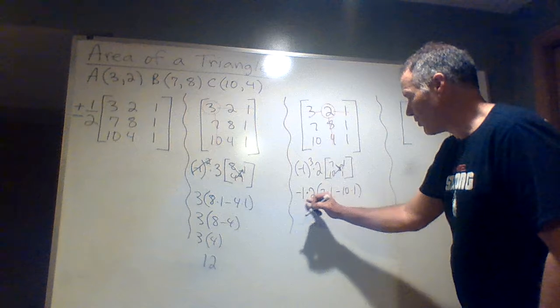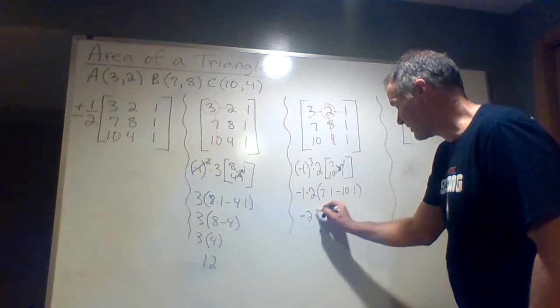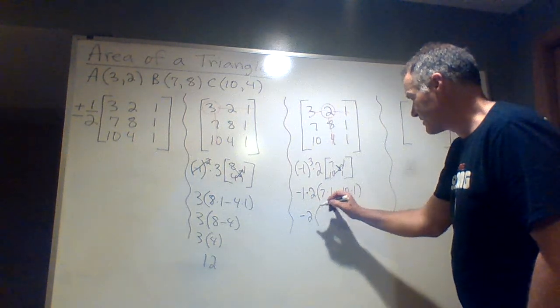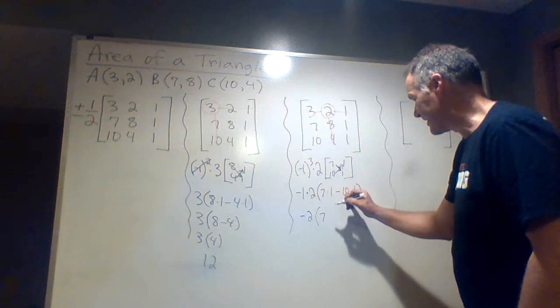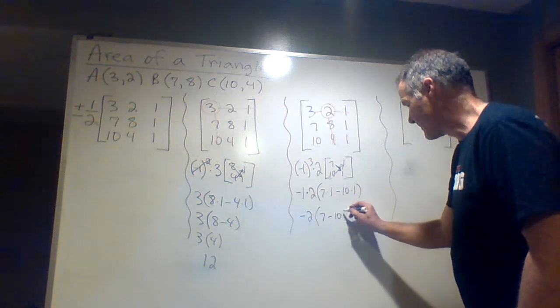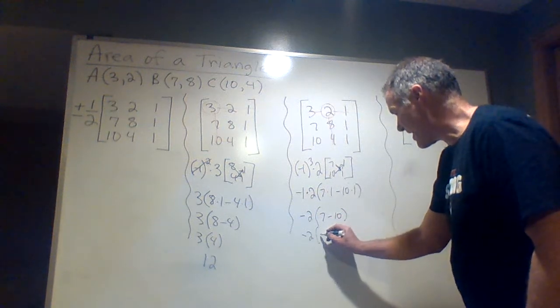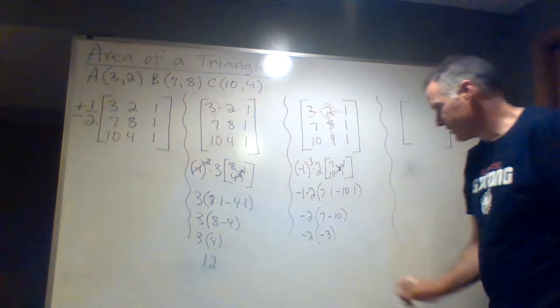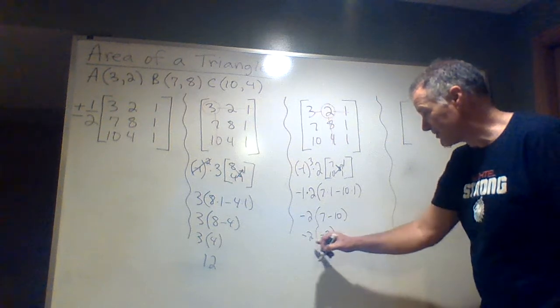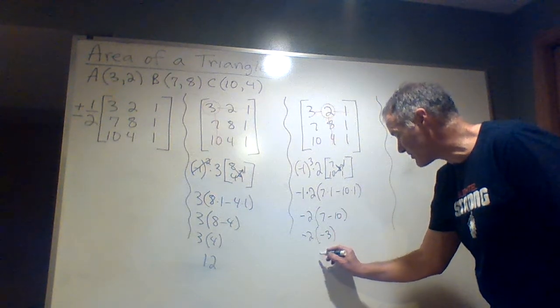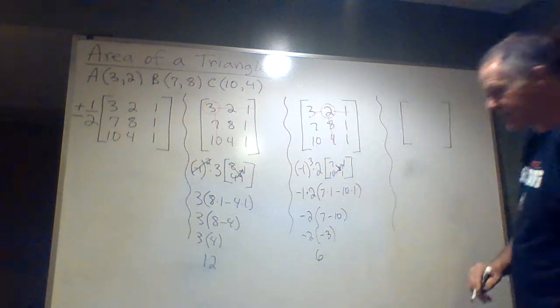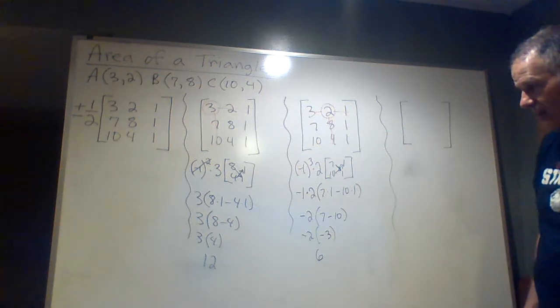Now -1 times 2, that's going to turn to a -2. 7 times 1 is 7. 10 times 1 is 10. 7 minus 10 is a -3. -2 and -3 makes a +6. So that one's going to be a +6.